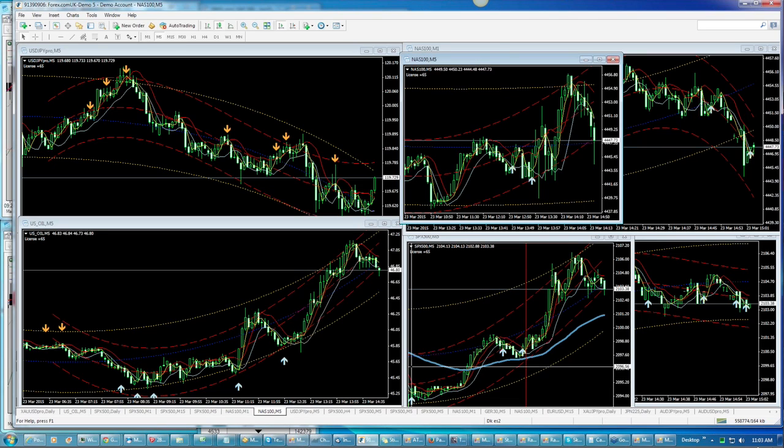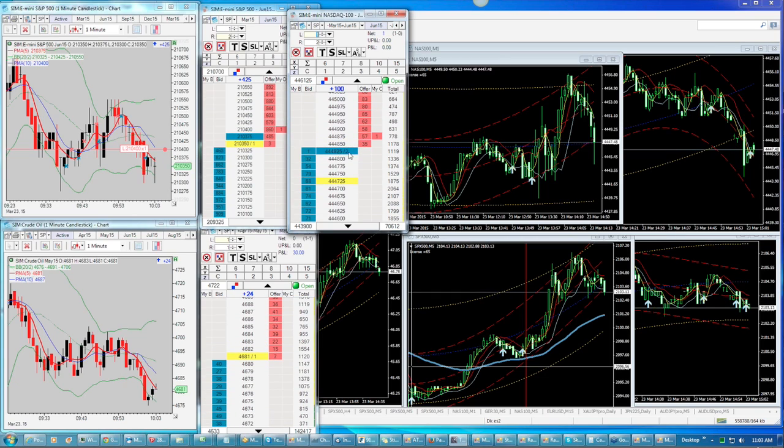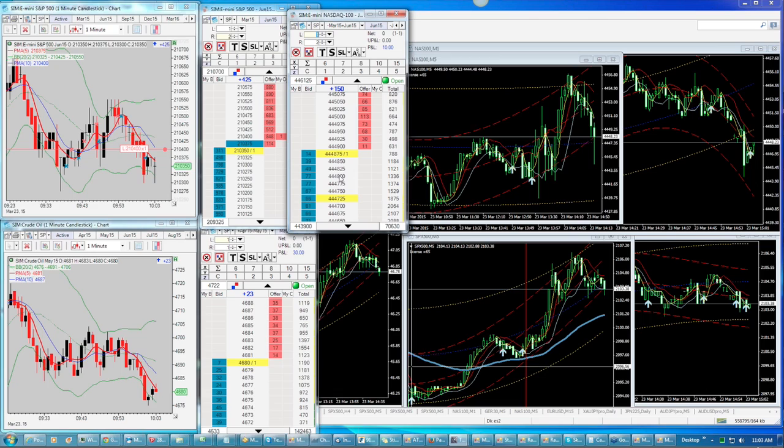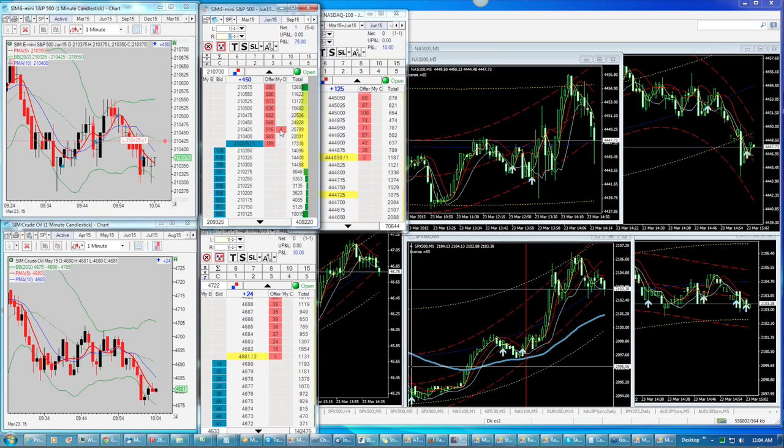NASDAQ seems to be turning. I'll buy back in. To me, it seems like the market's turning, but S&P now is weak.